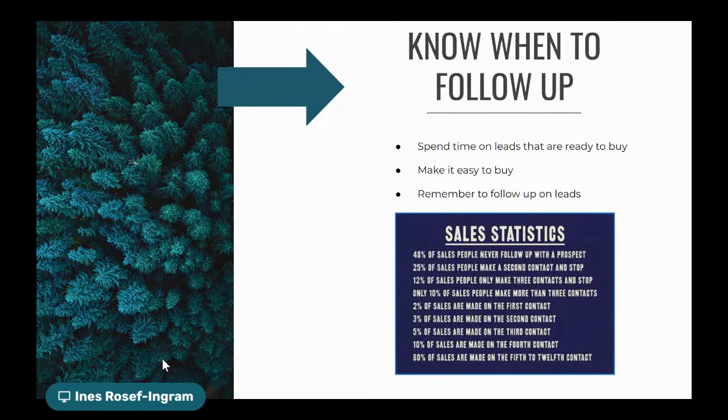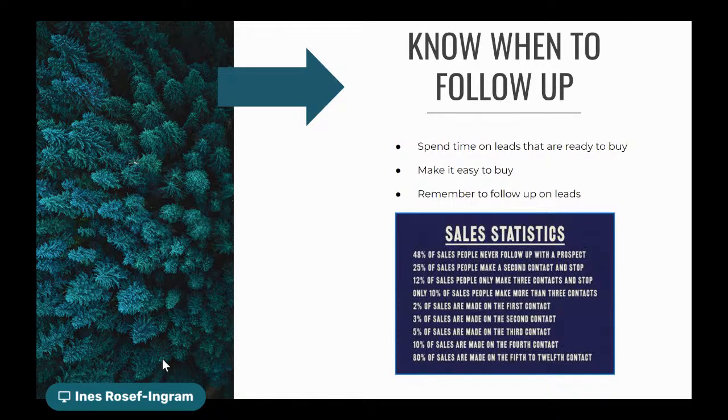Jumping a little bit, only 10% of salespeople make more than 3 contacts. Why is that stat interesting? Why do we need to make more than 3 contacts? If we look at the bottom of these stats, I'm going to put the bottom 2 together. 90% of sales are made on the 4th to the 12th contact, so above the 3rd contact. Only 10% of salespeople reach that. 10% of salespeople make more than 3 contacts, while 90% of sales are made after the third contact.